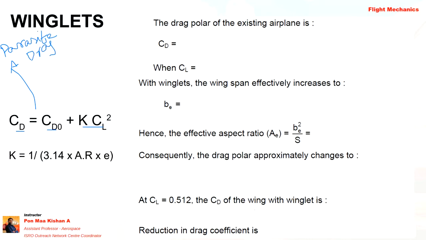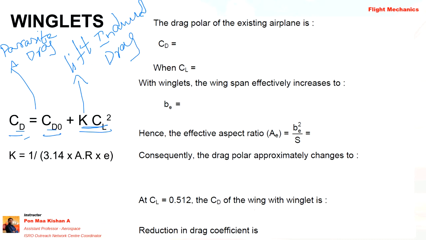And K CL square indicates the lift induced drag. So the drag polar equation is CD is equal to CD naught, the parasite drag, plus K CL square. First we have to calculate for the without winglet configuration, right?